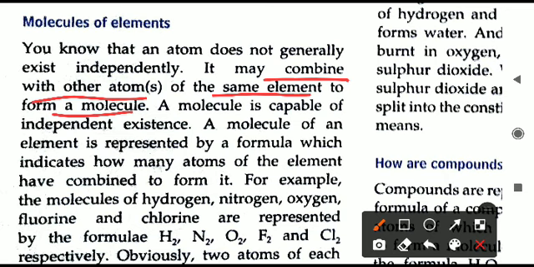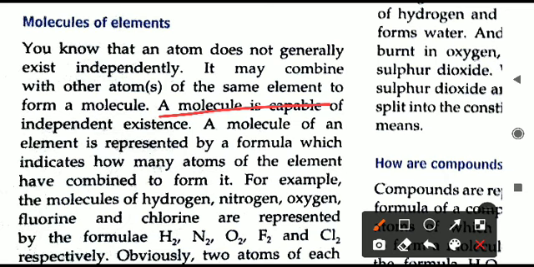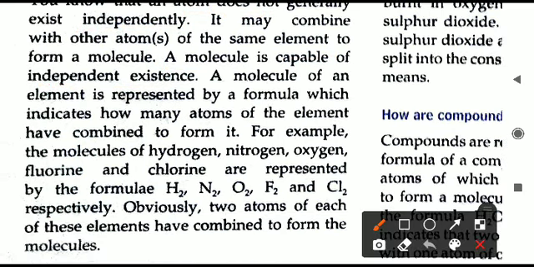It will always combine with other atoms. These other atoms will be of the same element, and as a result what forms is called a molecule. And the molecule is capable of independent existence. An atom cannot exist independently, but a molecule is capable of independent existence.